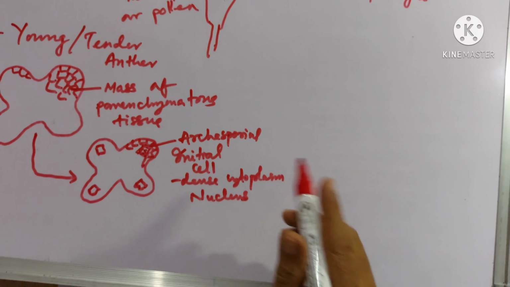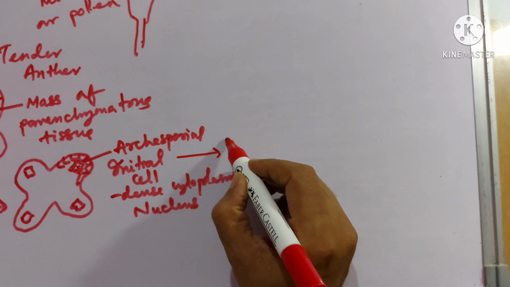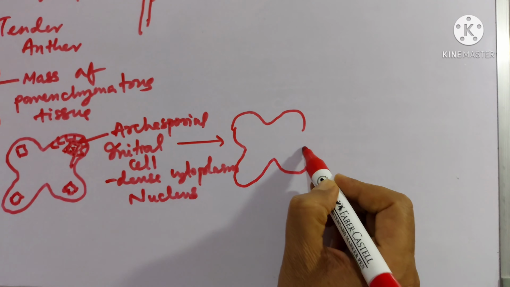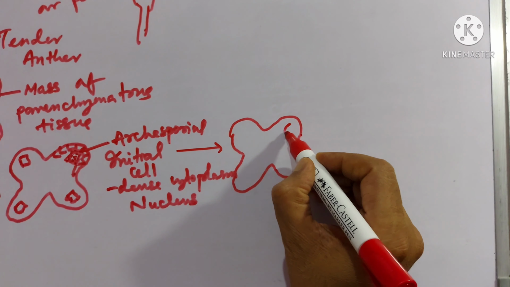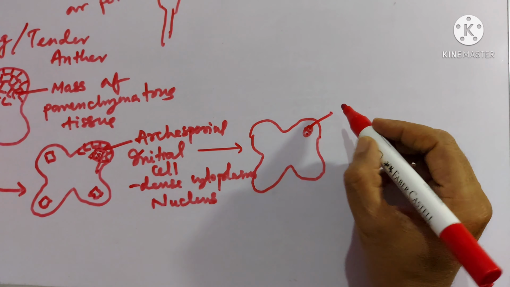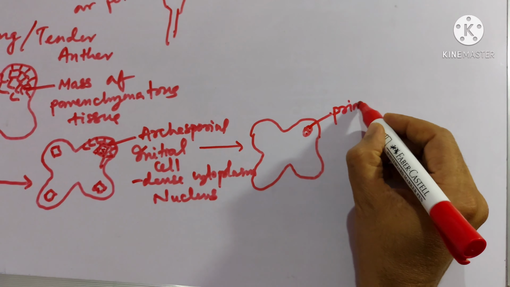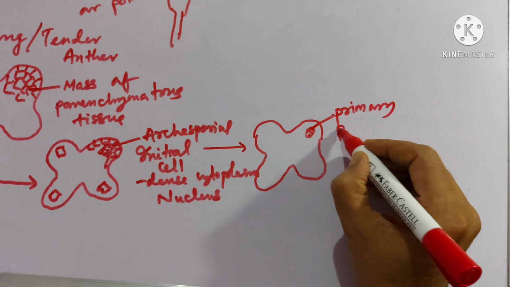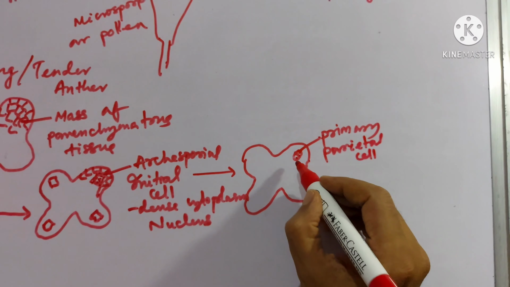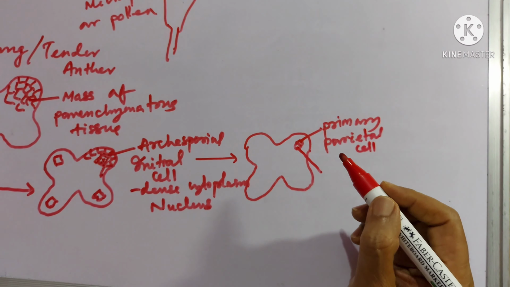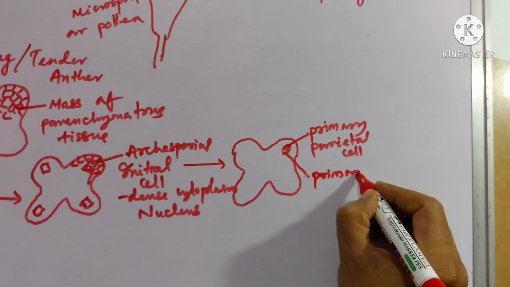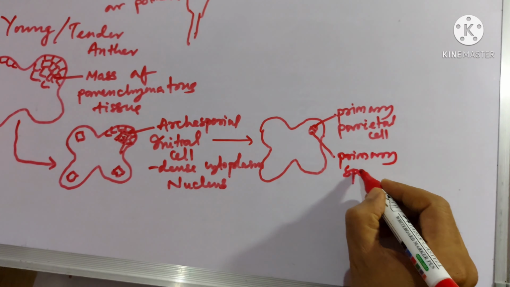So next it will gradually divide into two cells. The outer is called the primary parietal cell, and the second one, the inner one, is called the primary sporogenous cell.